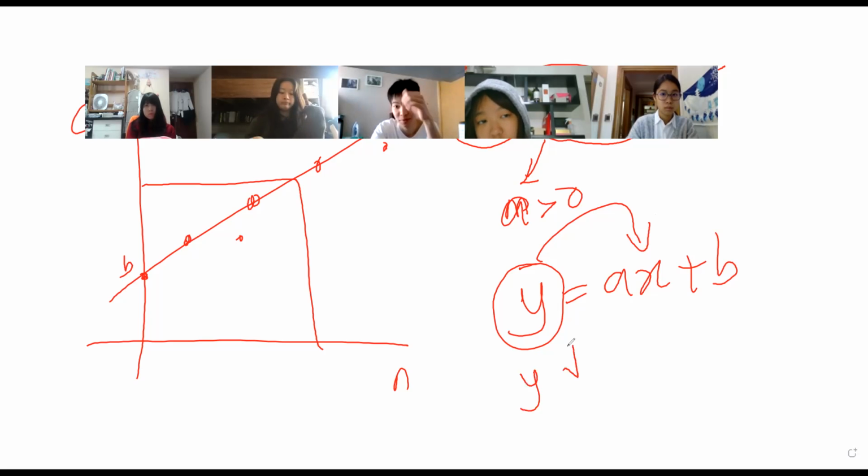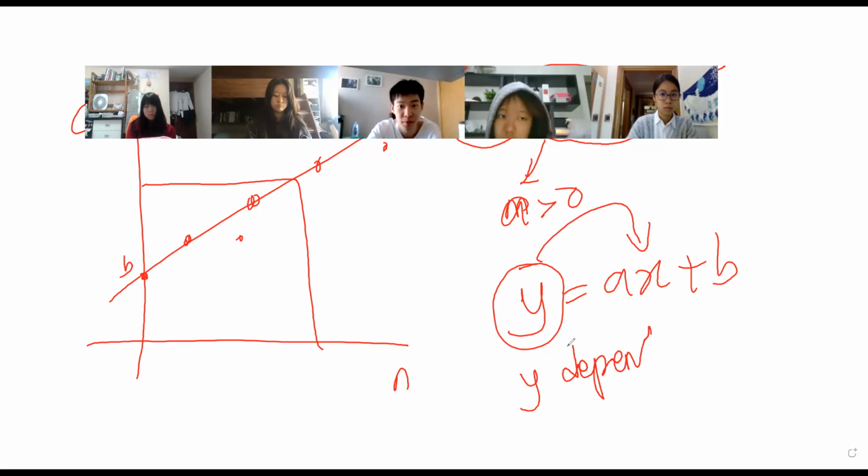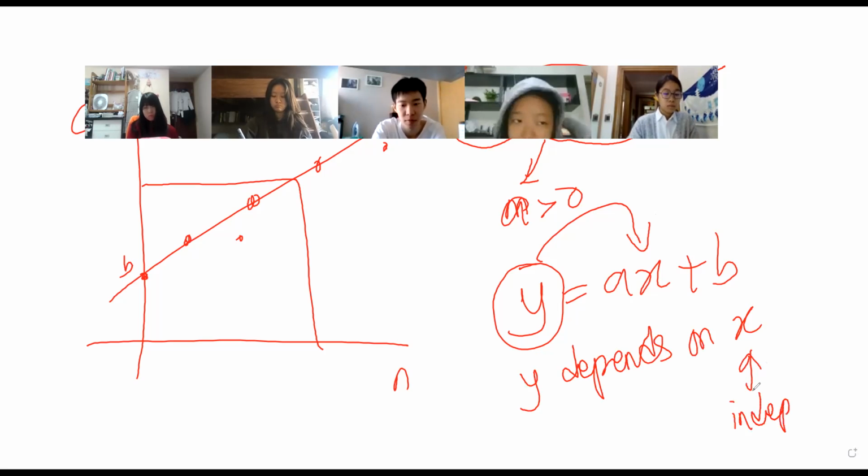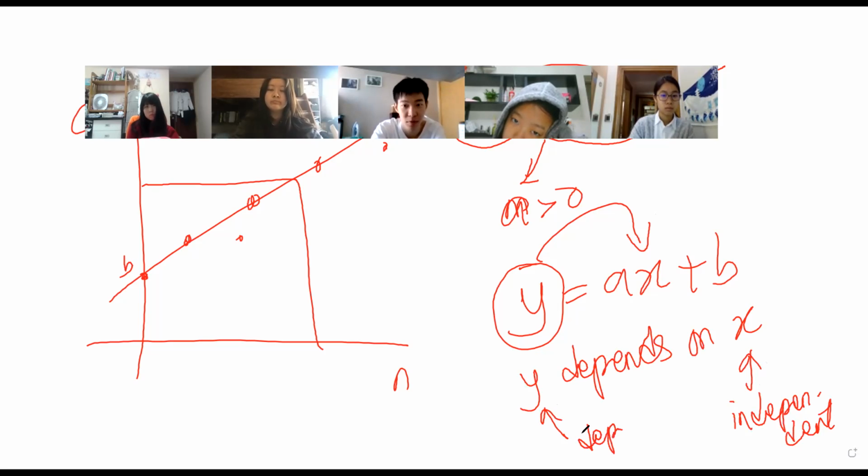So Y depends on X. So this is your independent variable, while this is your dependent variable. Does that make sense?